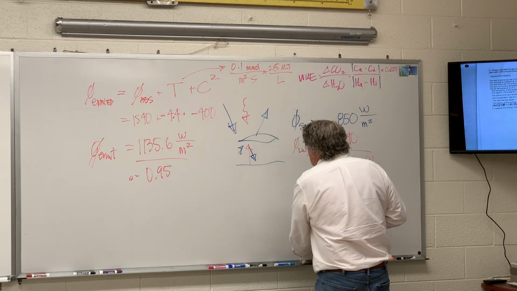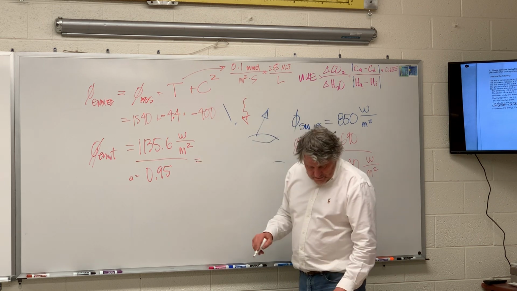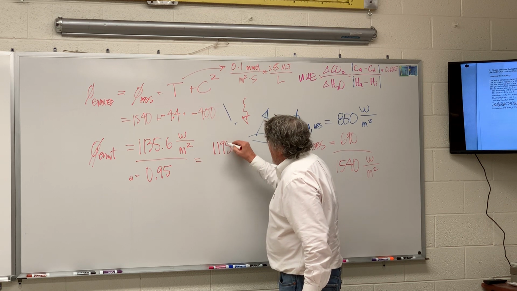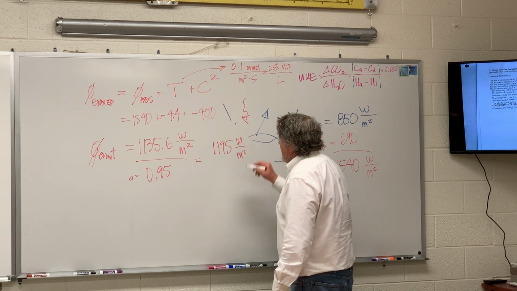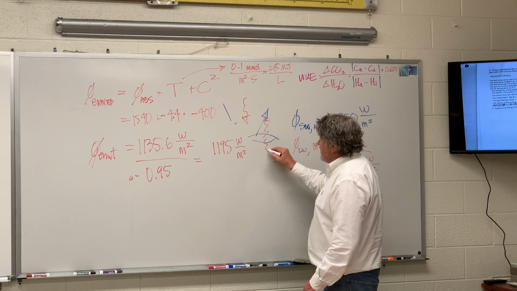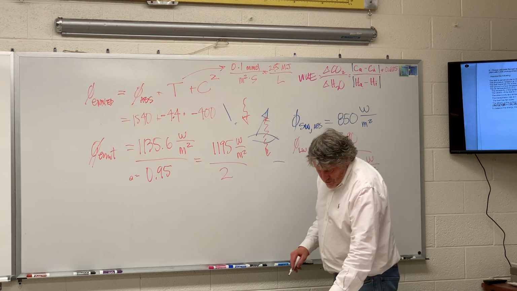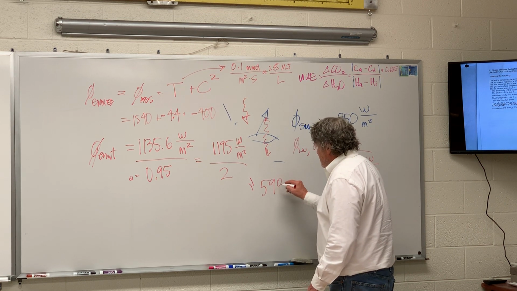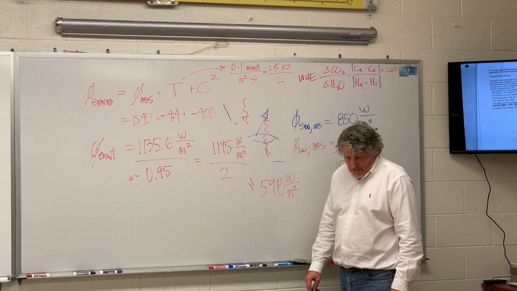So when we do this, we get 1195 watts per meter squared. And now remember, the leaf has two sides. It can go up, it can go down. So we divide that by 2, and we get 598 watts per meter squared.